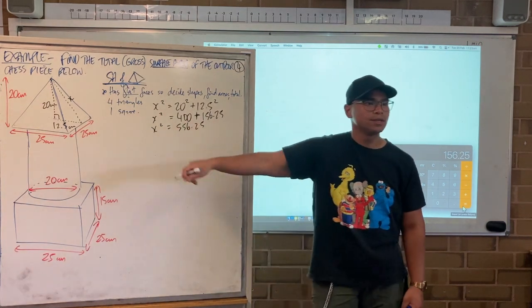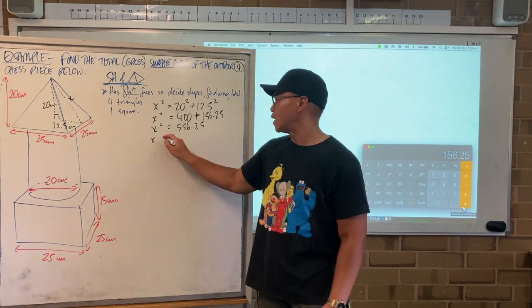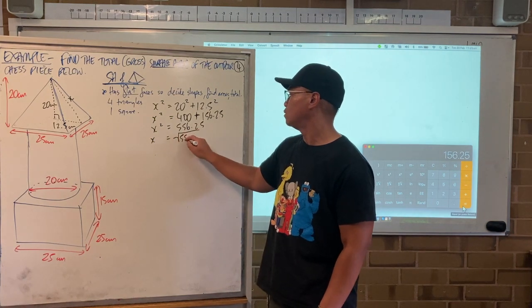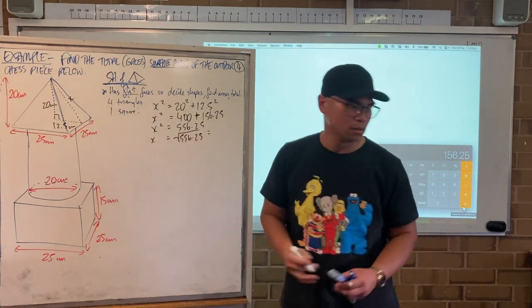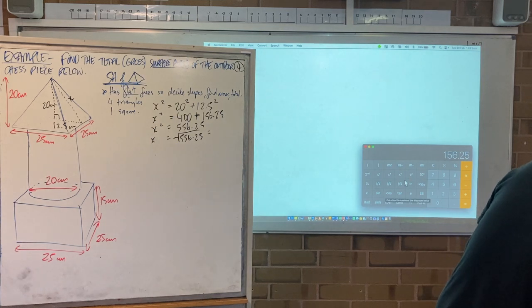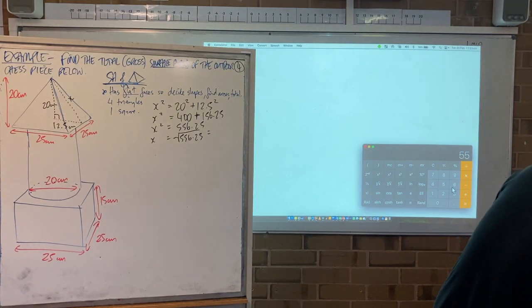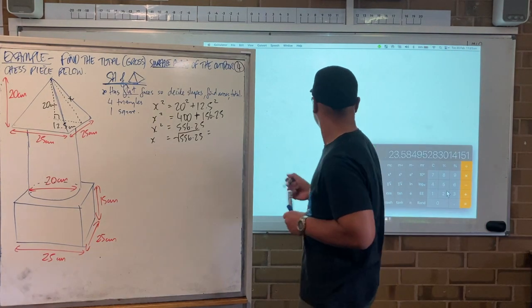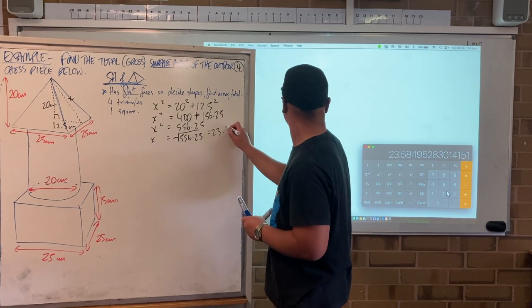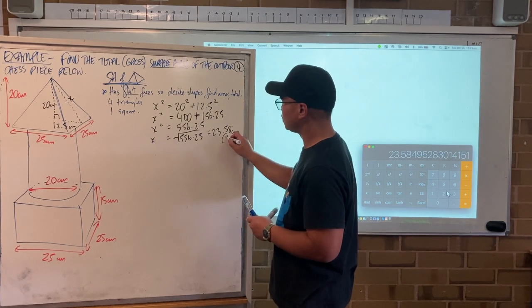What's the opposite of squaring something? Square root. So x is going to be the square root of 556.25, which equals 23.58 centimeters rounded to 2 decimal points.